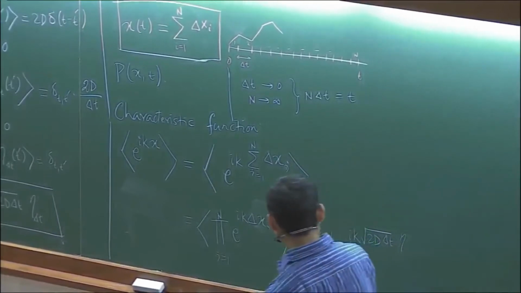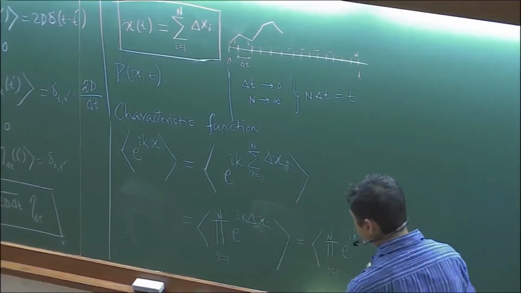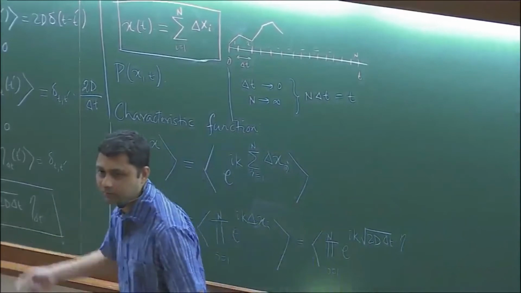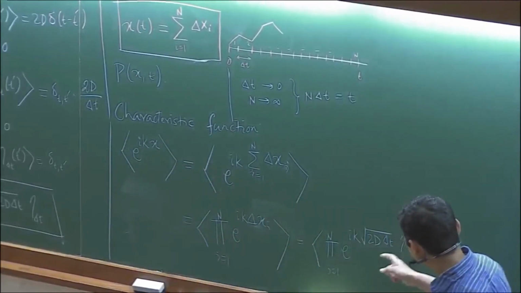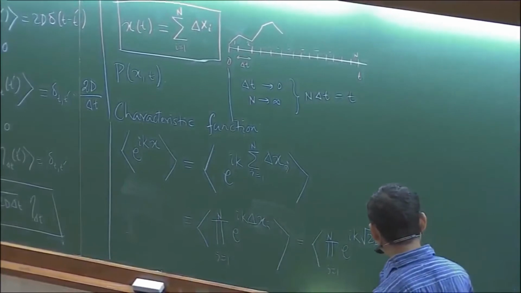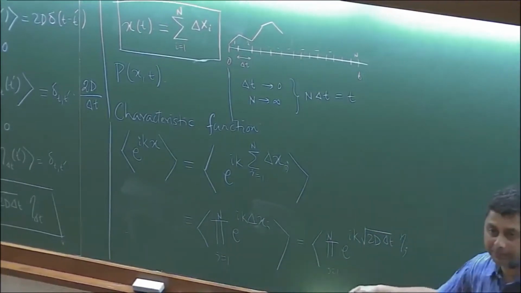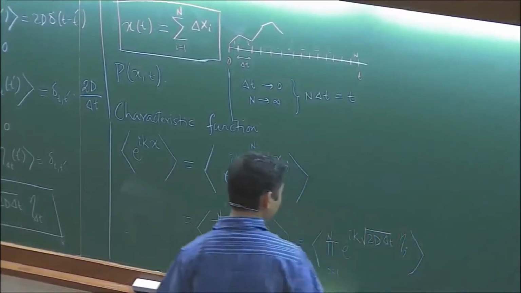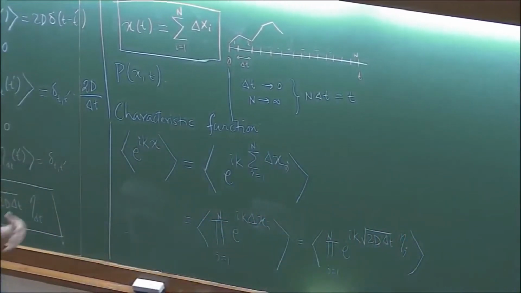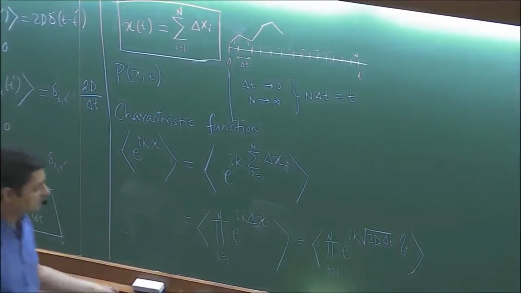I'll just put a j saying that this is the noise acting at the jth step. But the noise at various steps is uncorrelated. So these are essentially the jumps.